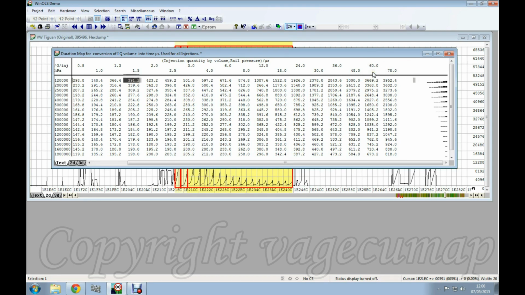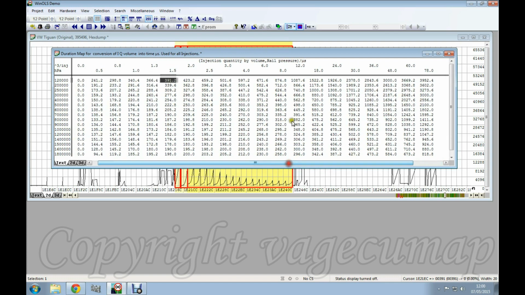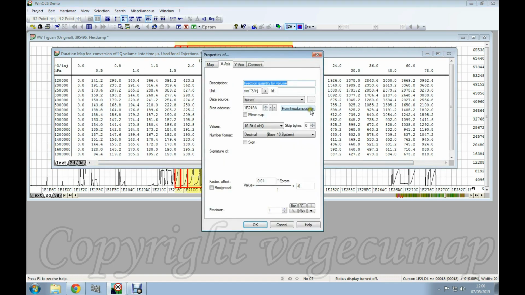The volume tends to be a bit higher than the actual weight, and so this will normally have an axis that's slightly higher than you would have seen on previous milligram axes. Now, if we look at this one, then what we've got here is we're still using 0.01. So we've got an injection quantity, but it's by volume, so it's millimeters cubed. We're still using 0.01 as we did with mass of milligrams per cycle.